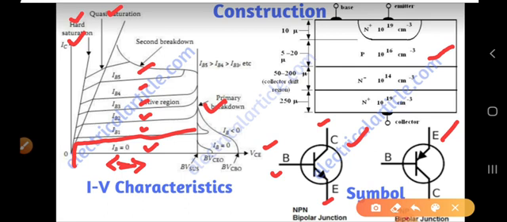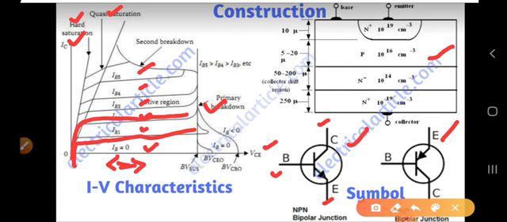Next, to check what happens when the base current increases, I increase the base current a little bit again. At that time the collector current increases accordingly and maintains constant like this.